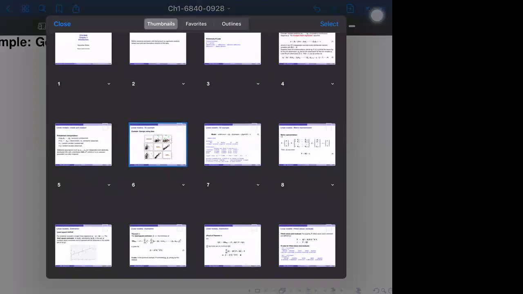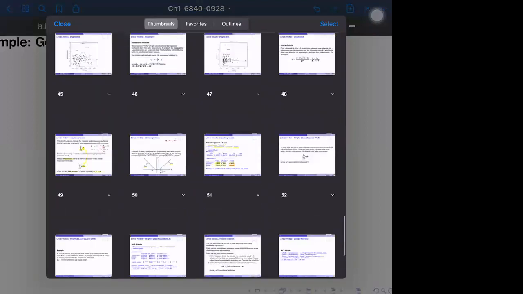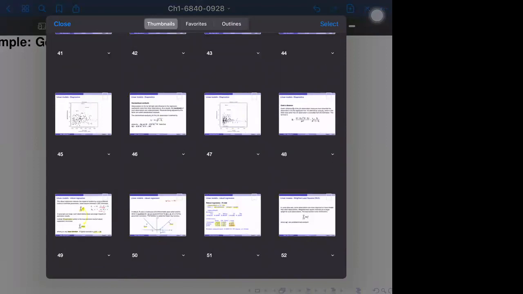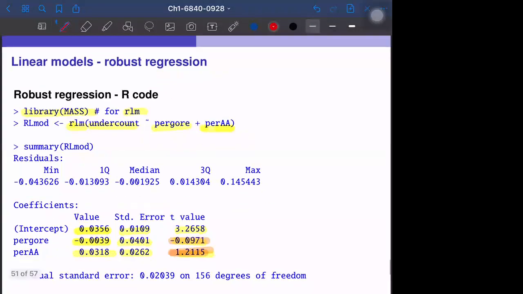The idea in statistics is that if we have many observations and hopefully all observations have the same impact on the final model, then it's pretty robust.